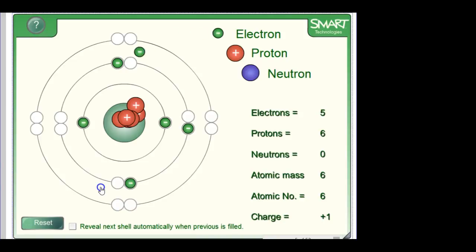We put 1 electron on each of the 4 sides before we start doubling up electrons. We say the word tetravalent because there are 4 electrons in the outermost energy level.